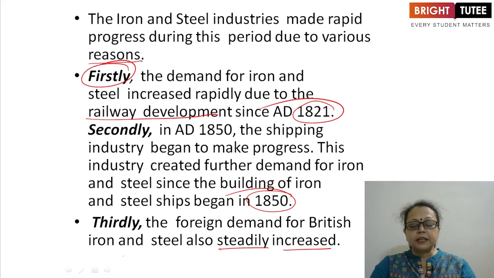Iron and steel were in great demand not only in their own country but throughout the world. In a simple way, it can be learned like this: the development in railways increased demand, shipbuilding started using iron and steel, and there was foreign demand. So these were the three demands, and under these three headings we can remember this.